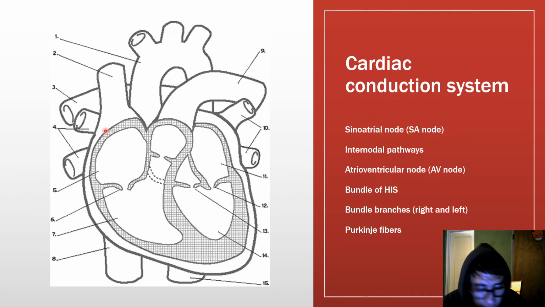So within our heart, we have a really dense node of a special type of cell called pacemaker cells, which generate the impulse. And that'll be up in here, and I'll draw that in with green. So right up in here, there's this really dense node made up of pacemaker cells, which generate an impulse.